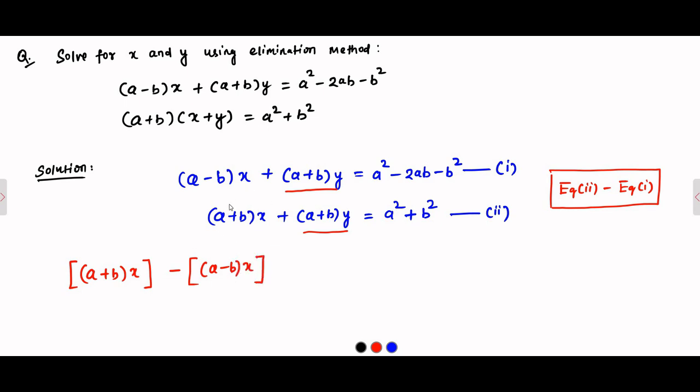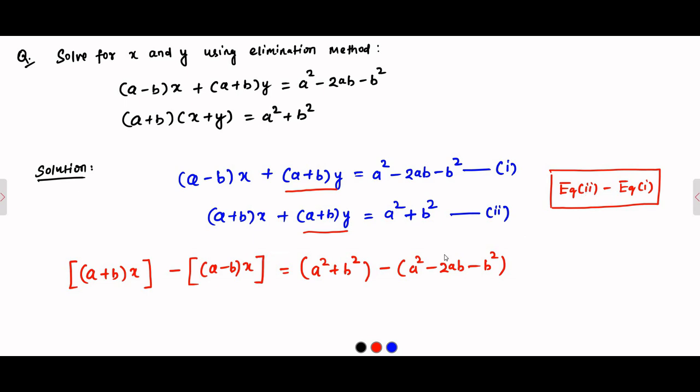The right hand side we will have a² + b² minus (a² - 2ab - b²). (a + b)y minus (a + b)y will get cancelled when we subtract these two equations, equation 2 minus equation 1.